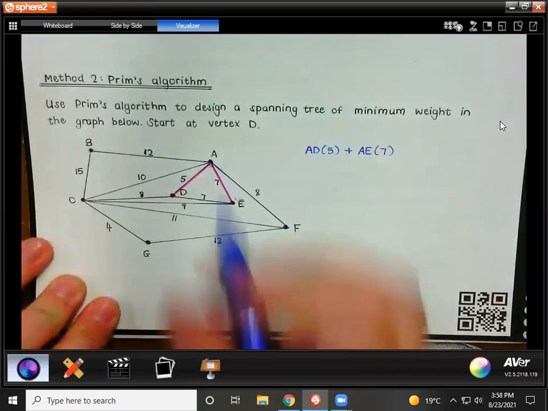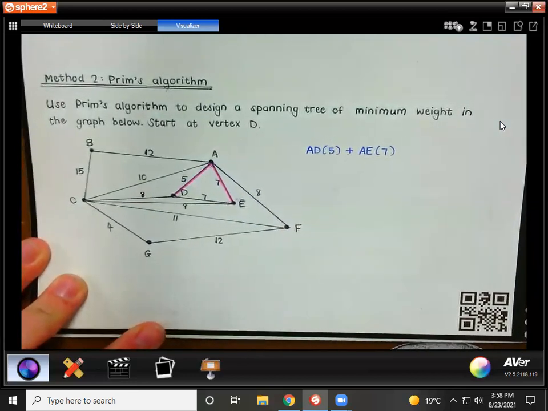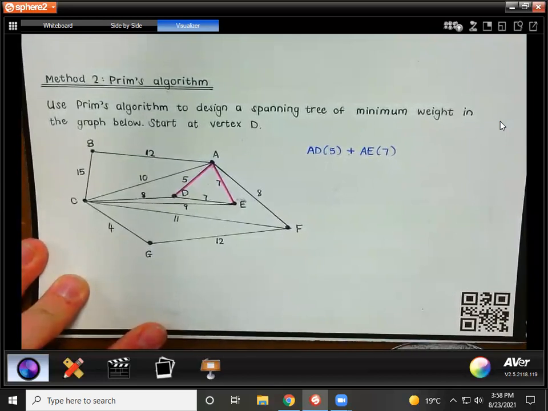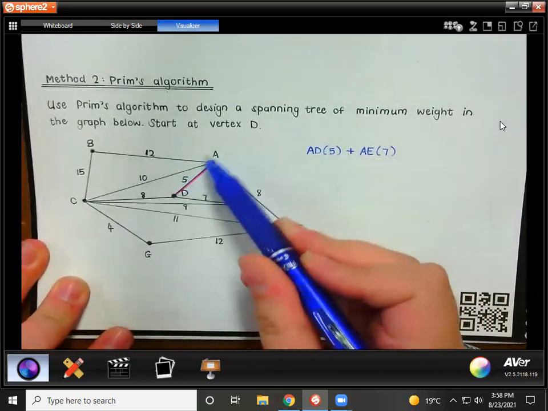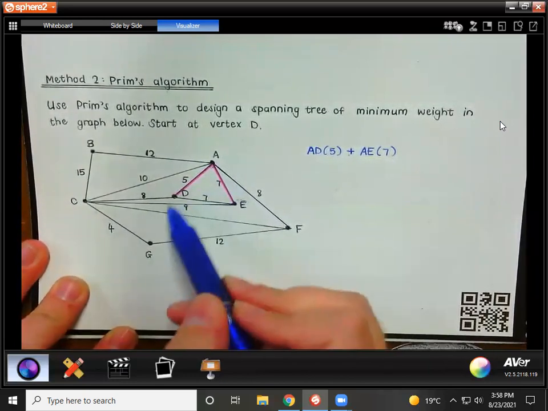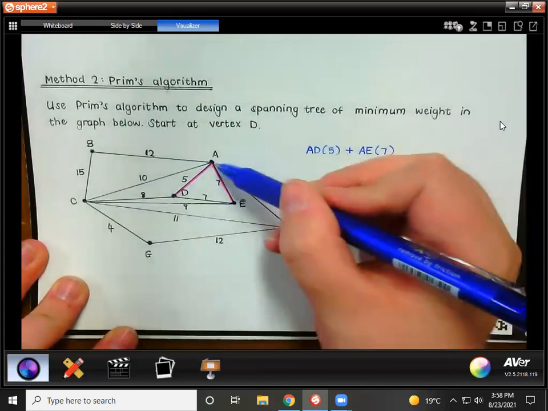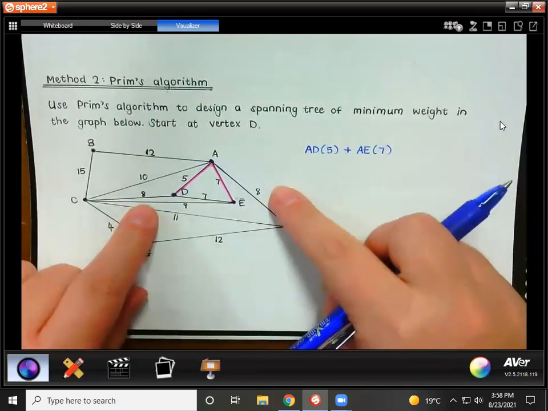Now we're going to look at the 3 vertices that are connected so far, and we're going to look for the shortest edge connected to D or A or E after 7, because that's where we are now. Not 8, not 10, not 12. Well, it could be 8 possibly. We have 2 options for 8.